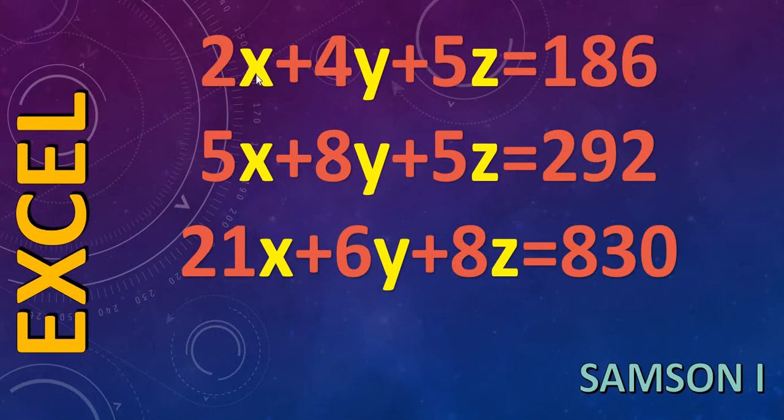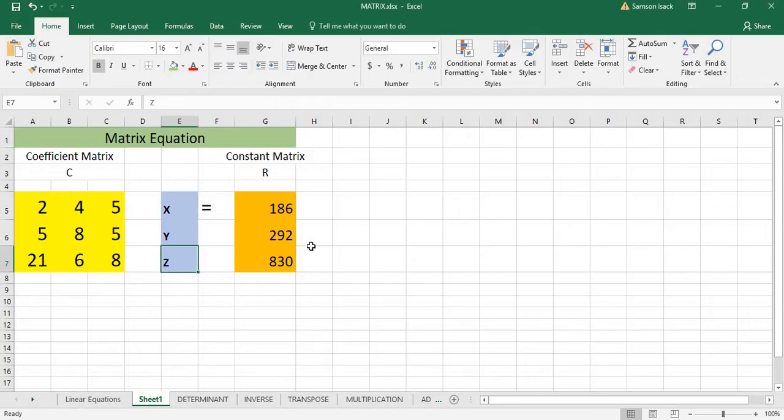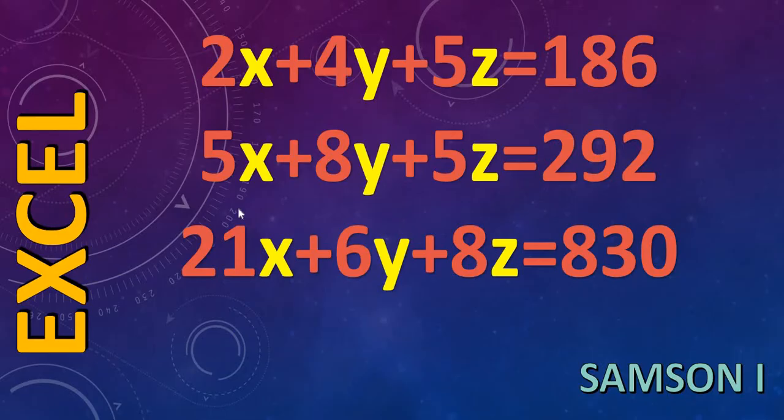Before that, this set of equations, I'm going to change it to a matrix form. Okay, go to Excel. Now you can see these equations, how I converted them into a matrix equivalent in Excel.